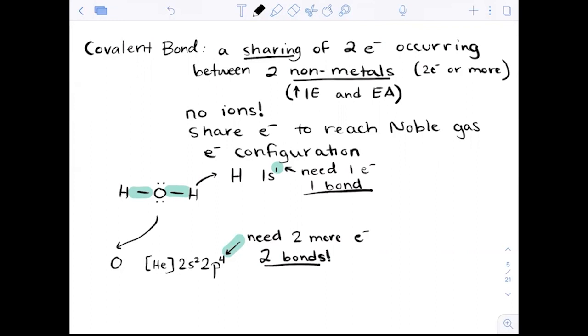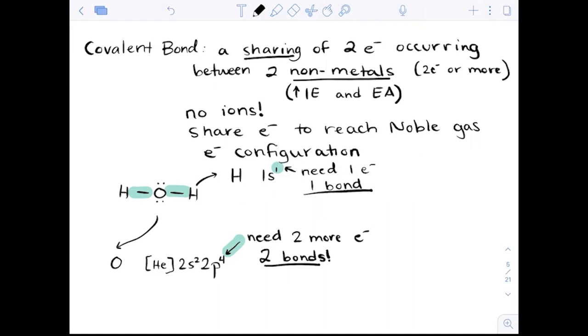The reason for that is because the principal quantum number n equals 1 only has an s orbital, and therefore it only can hold 2 electrons total. So very important to note that once we get into the second row and the third row and beyond, we can start seeing these typical things and atypical things. But hydrogen is very predictable, and hydrogen won't make more than one bond.